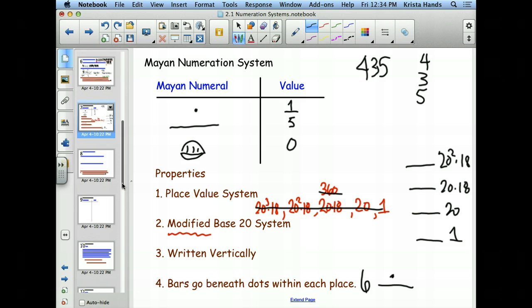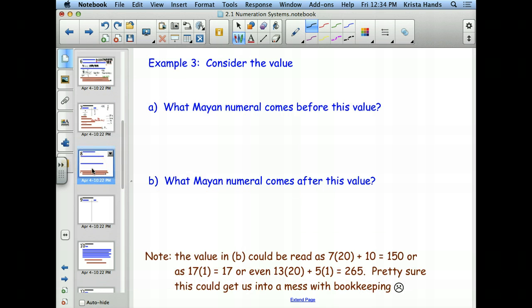Okay, so let me do one with you. Consider the value. 2 dots, 1 line, 4 dots, 1 line. So the questions are just like the questions were before, right?